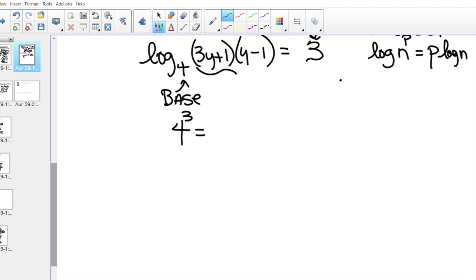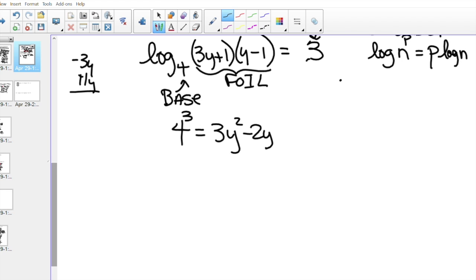Now let's go ahead and FOIL again. So that's 3y squared. Now the outside is negative 3y, and the inside is positive 1y. That gives you negative 2y minus 1. Now, 4 to the third power, 64, is equal to 3y squared minus 2y minus 1.